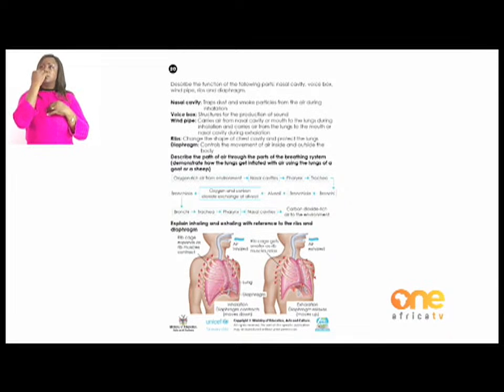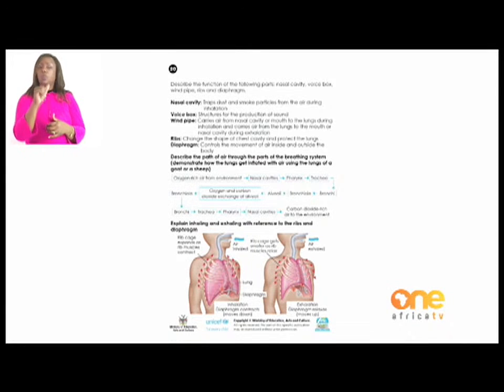Before it goes down again, it goes to the pharynx, and then to the trachea, bronchi, bronchioles, alveoli. And then that's now inside the lungs, the alveolus. And then now, oxygen and carbon dioxide exchange.